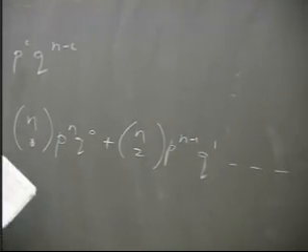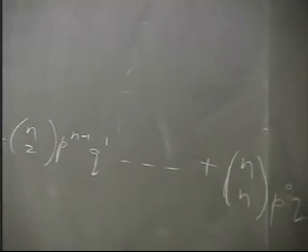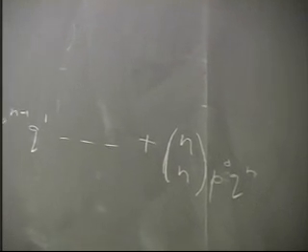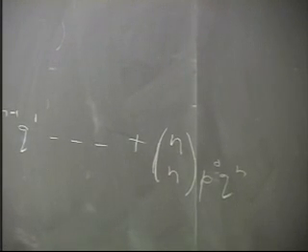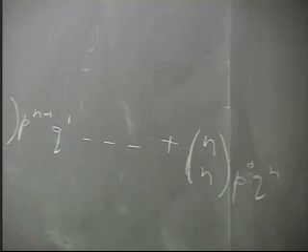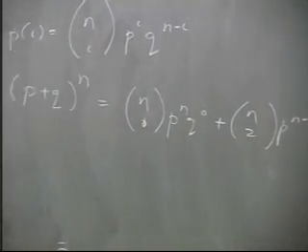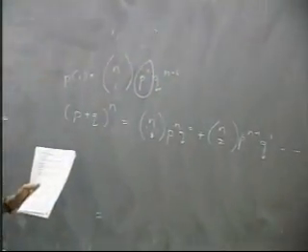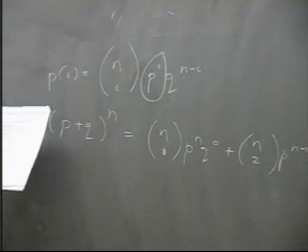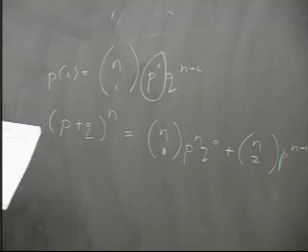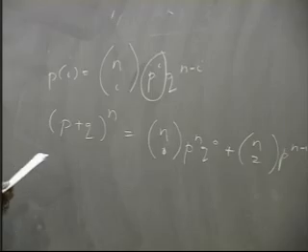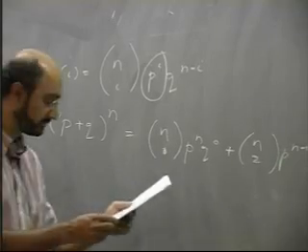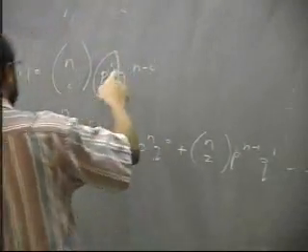Because these look like this, and these are the probability values, that's why it's called the binomial distribution. So in other words, the probability density function for this discrete random variable chooses values such that the probability of i successes, and therefore n minus i failures, is given by n choose i, p to the i, q to the n minus i.